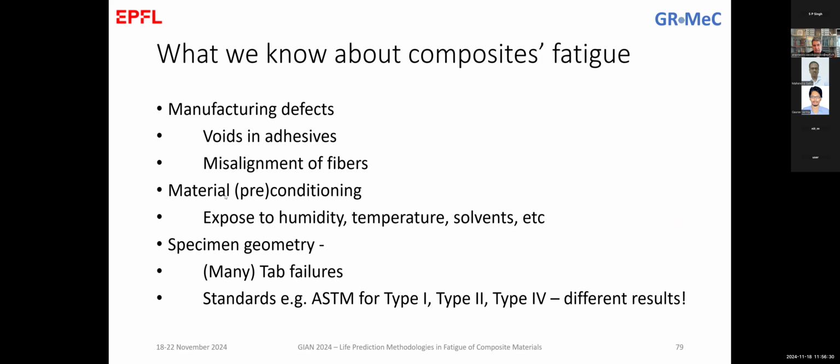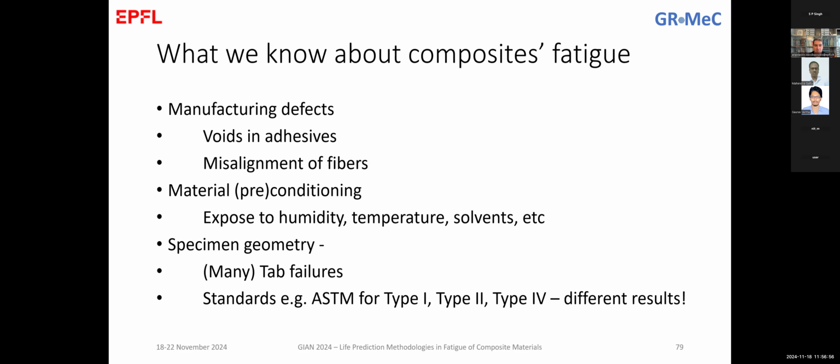The other significant point is the preconditioning, or if you like, the exposure of the material to different environmental conditions or serviceability conditions, like solvents during service. Composite materials are very sensitive because they can absorb water. They are sensitive to temperature.